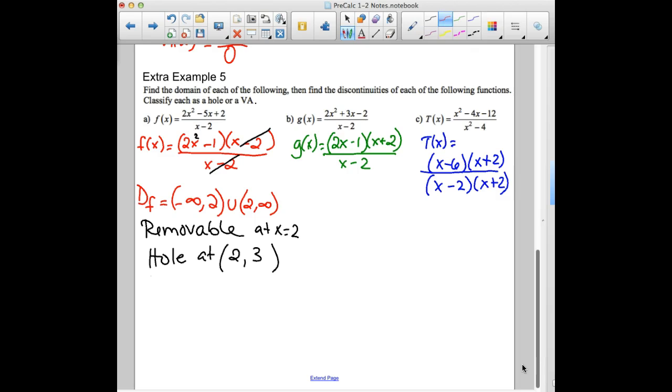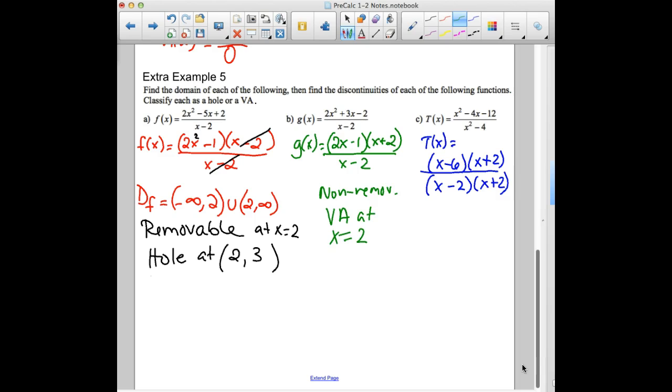All right, let's look at the next one. G of x. Do we have any common factors that we can cancel out? All right, then it's a non-removable discontinuity, which means it's going to show up in a graph as a vertical asymptote.